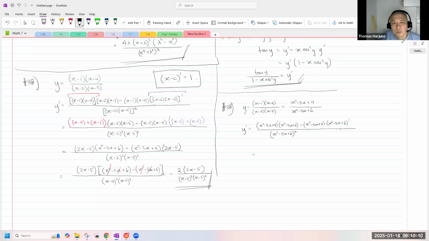Now then, the denominator stays as is. Notice that if I factor the denominator, I get the denominator of our previous answer, right? On the numerator here, we get 2x minus 5 times x squared minus 5x plus 6 minus x squared minus 5x plus 4 times 2x minus 5.